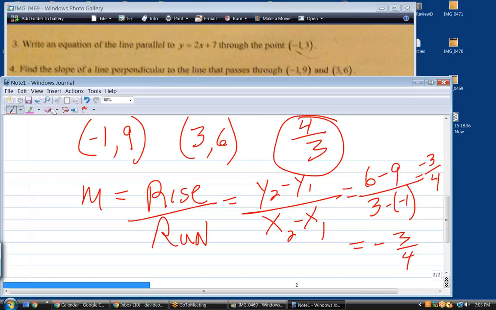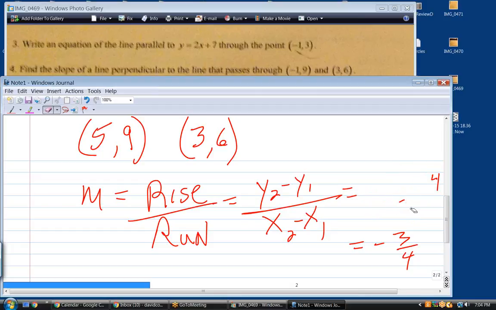Now, let's go back a moment. I want to clarify what I was talking about. Let's say my 2 points are those 2 points. Now notice that I could do 6 minus 9 divided by 3 minus 5. That's a lot of negatives.